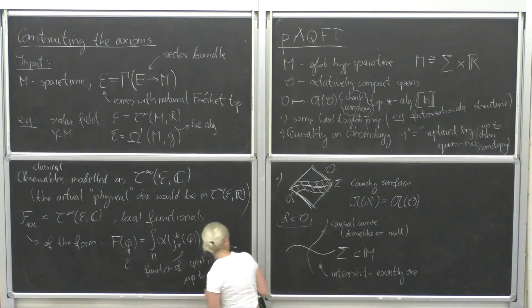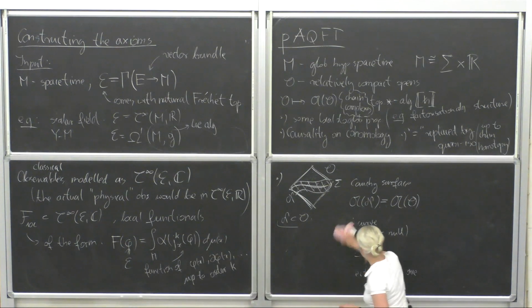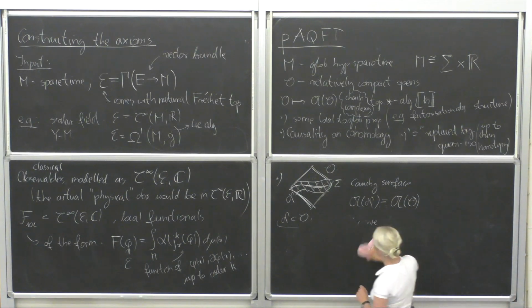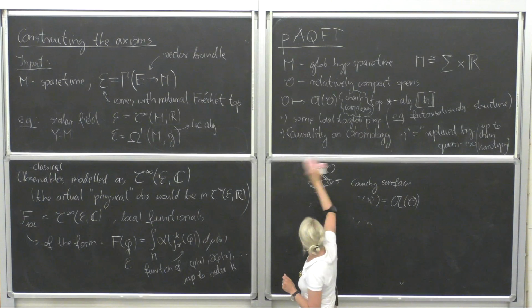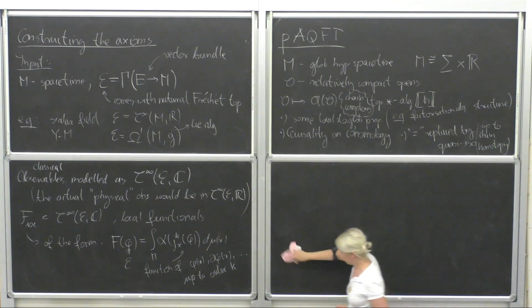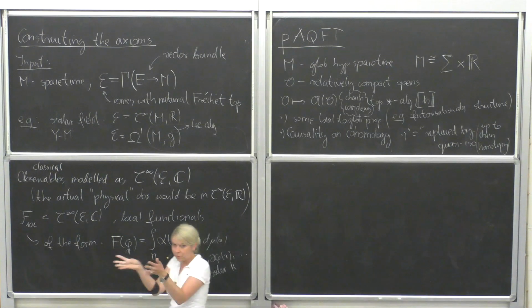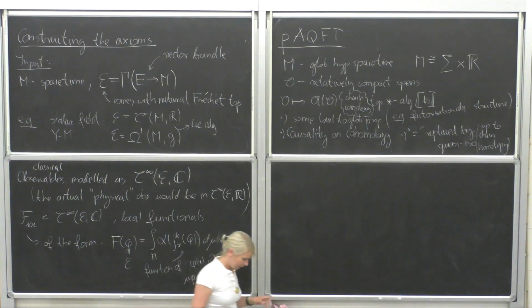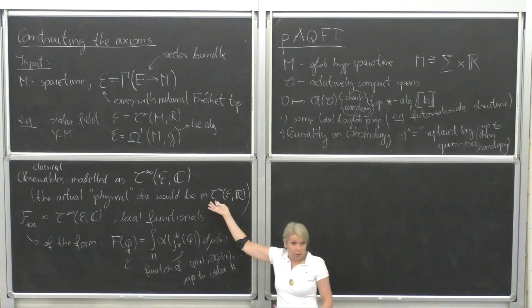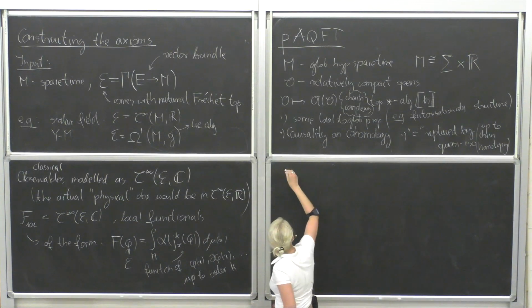All right. And now we want some algebras. Local functionals form a vector space, you can add them, but they don't form an algebra. So I have to give them some sort of a product. Actually, there's an obvious product on the space of functions.